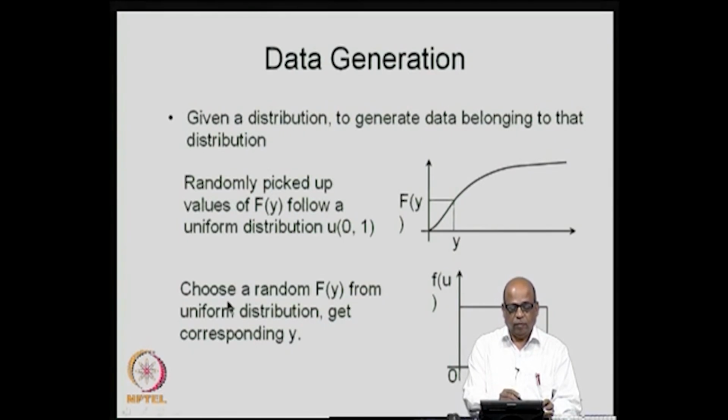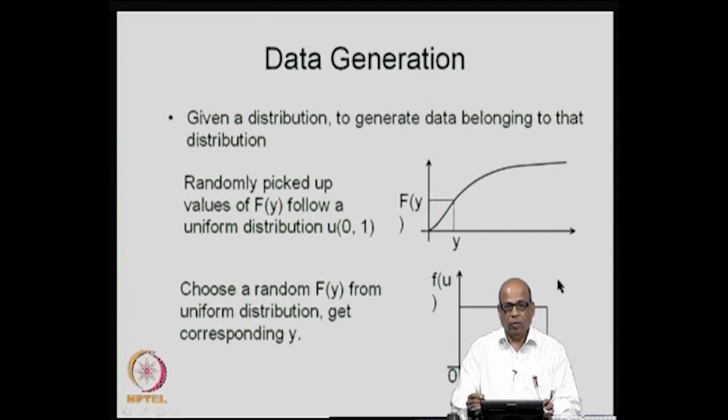Let us say we pick up a particular F of y, which is the CDF value at a particular y, and you know the analytical relationship for the CDF. For example, in the exponential case, F of y is equal to 1 minus e to the power minus lambda y, where lambda is the parameter. So, if you know the analytical expression for F of y, you solve for y using that expression, and you put a random value for F of y.